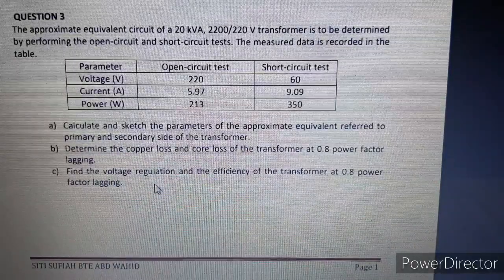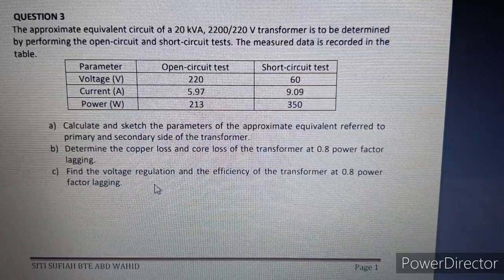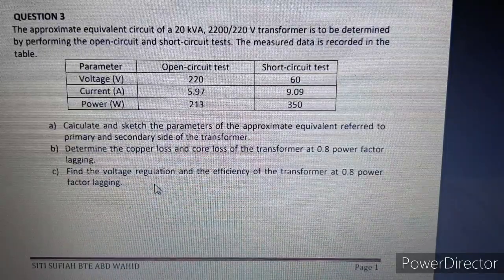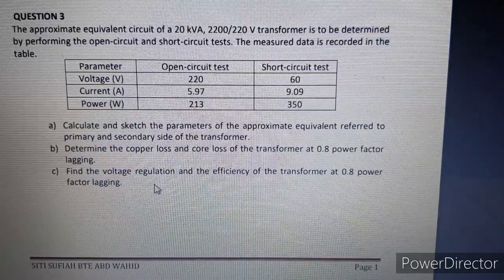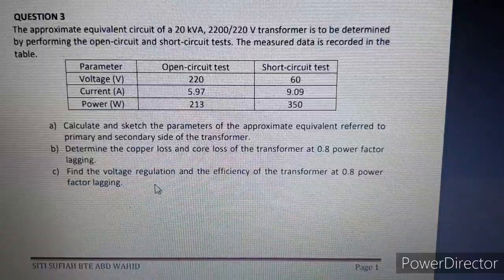Another thing, it's not stated whether the transformer is operating at full load or 50% load. In this case, we can assume full load. In other words, your N is 1.